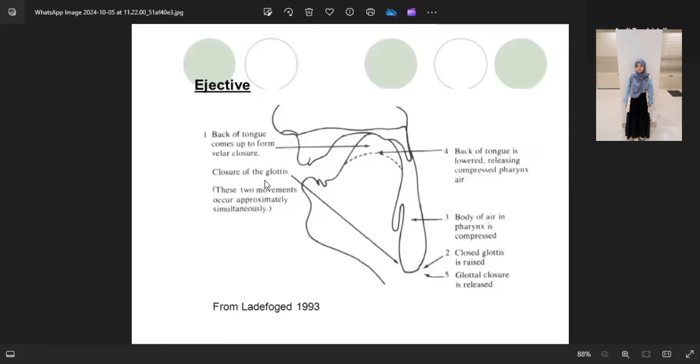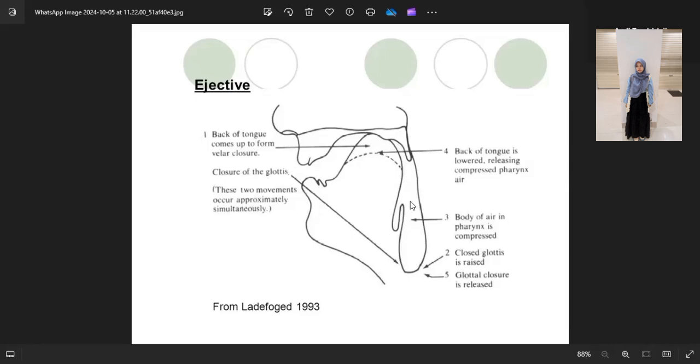Okay. First, the back of the tongue comes up to form a velar closure in here, and the glottis closes in here. Then the glottis closes, and keep going, and this body of air in the pharynx is compressed.